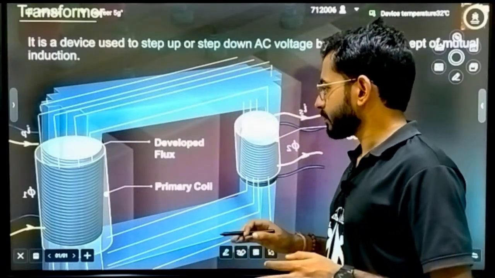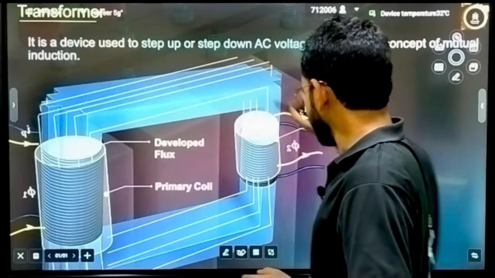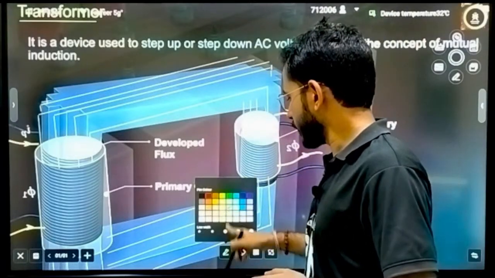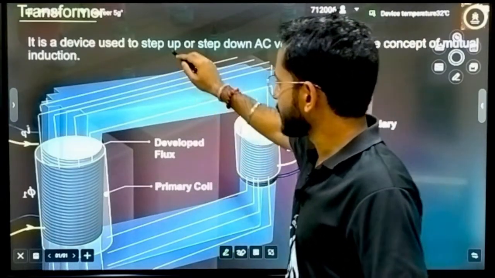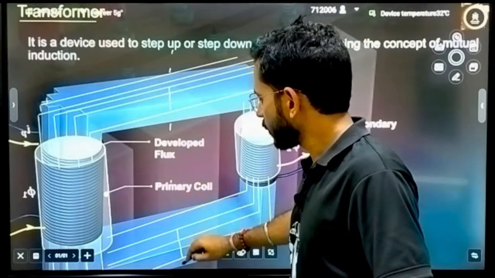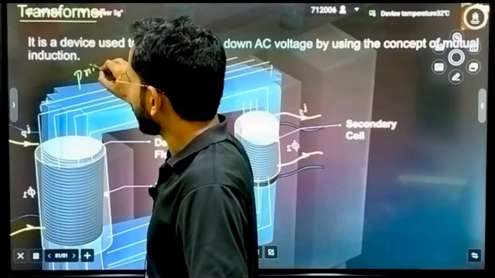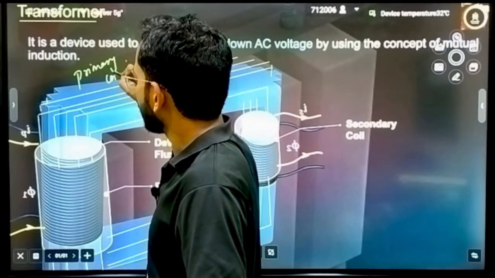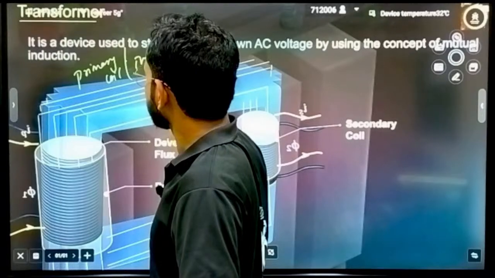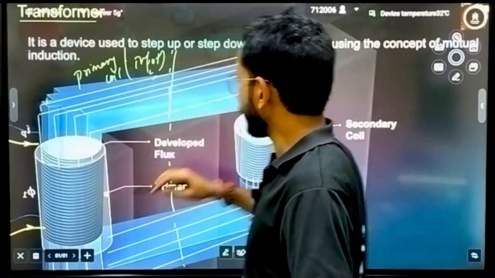See, it is divided into two sections. One section is called the primary coil, which is the input side. All the inputs we give from here.